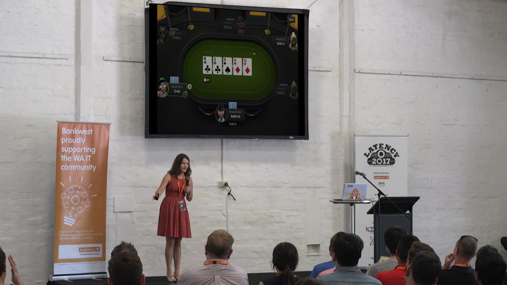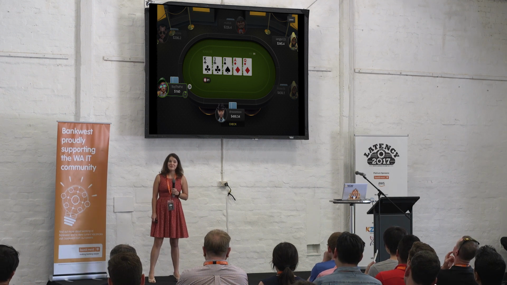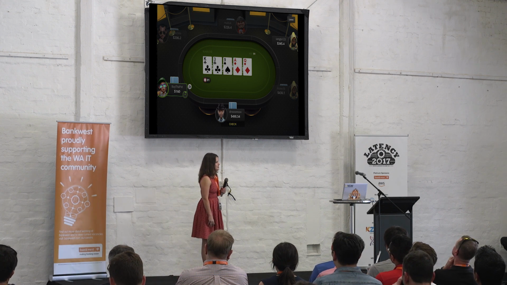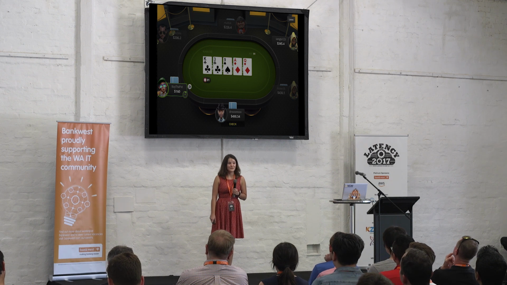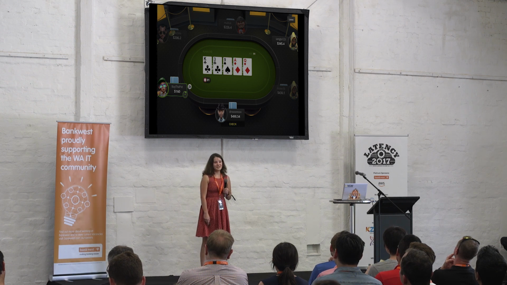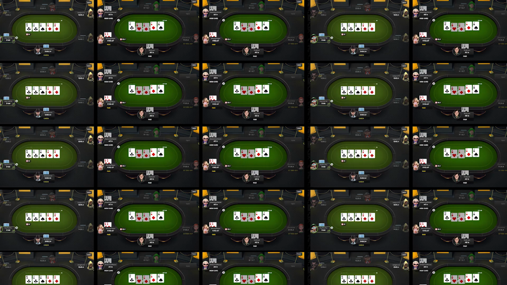Of course, we have IP blocking and other ways to prevent that, but poker players are savvy, so they will overcome that. So our problem is we need to infer from the data information about their behavior and make a decision. Is it suspicious or not? But it's easy to do when you have only one table. How are you going to do it when there are more and more and more tables?